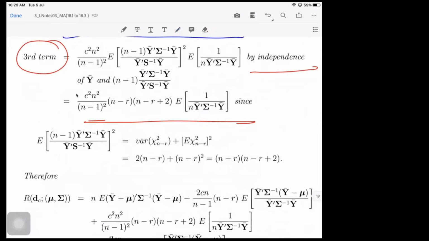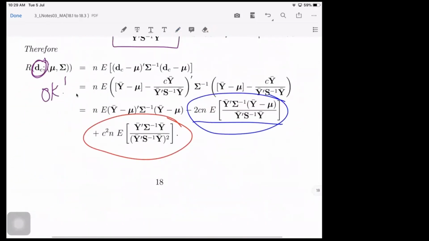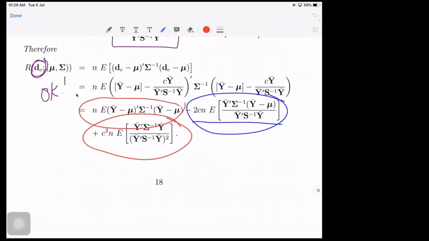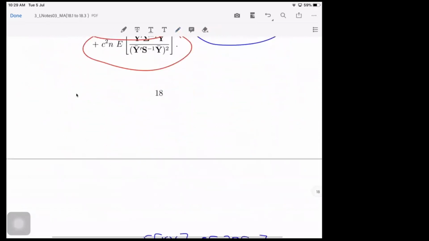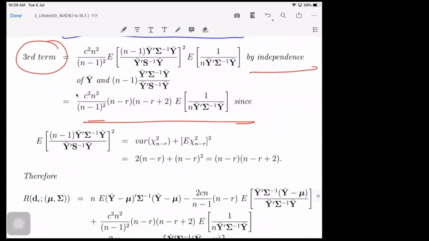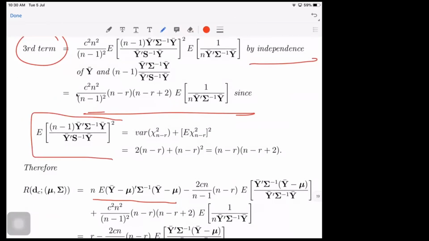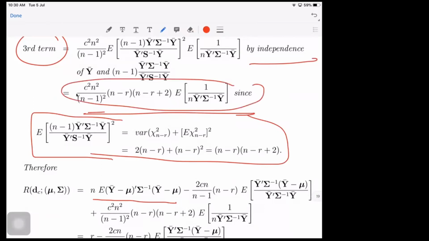And then the first term is as is. And note that this term here is true because of this property, no?